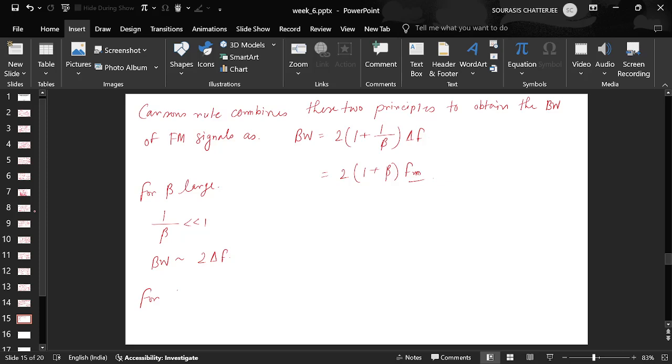Whereas for beta small, 1 over beta is much greater than 1, in that case your bandwidth is 2 times delta f divided by beta, which means 2 times delta f divided by delta f by fm, which is 2 fm.